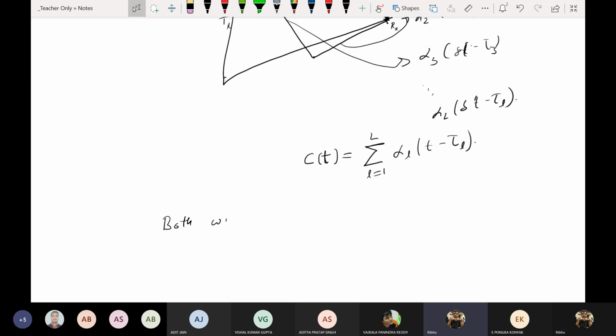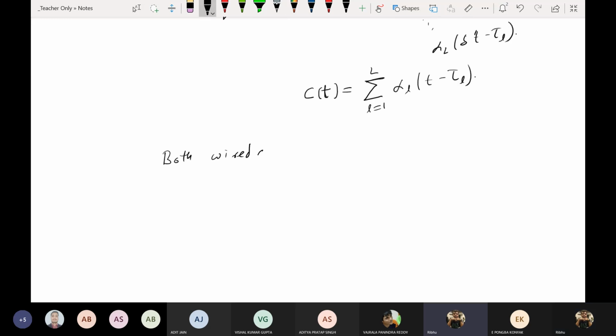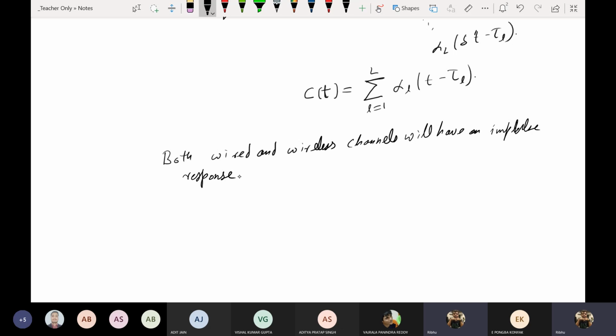both wired and wireless channels will have an impulse response, right?